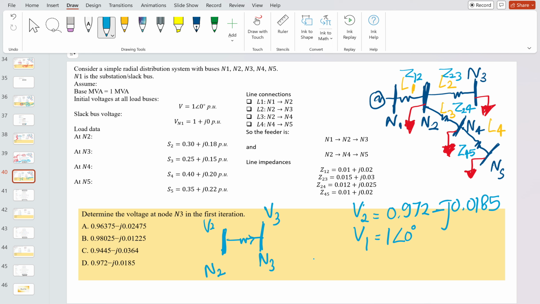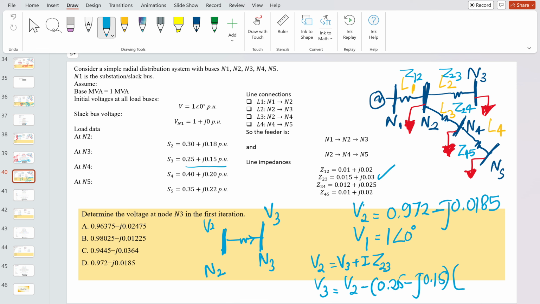So V2 is equal to V3 plus I times Z23, where I is the current flowing in this line. To find V3, it is V2, which is already given, minus I, which we already know, that is S3 conjugate, 0.25 minus j0.15, multiplied by Z23.